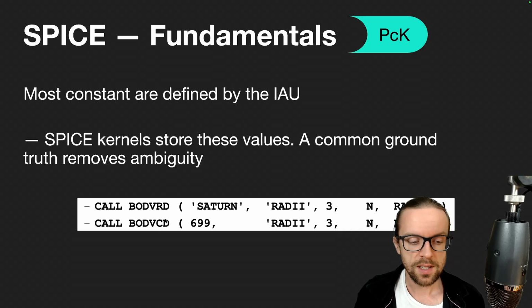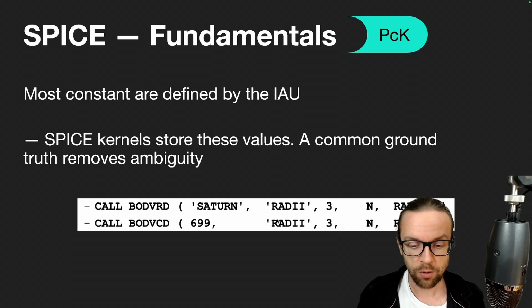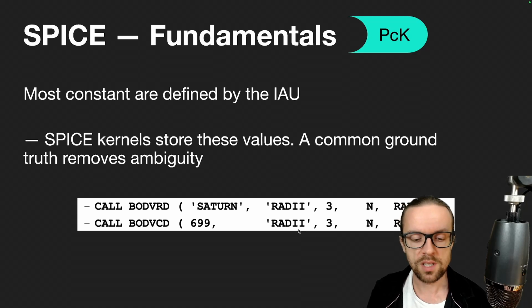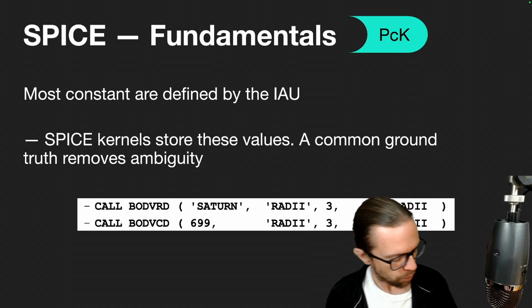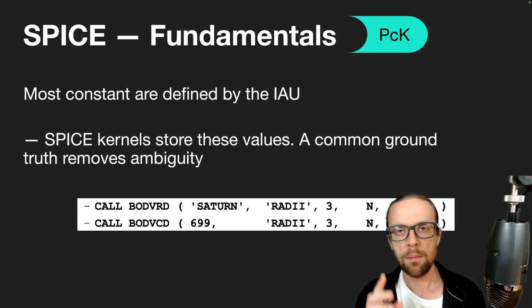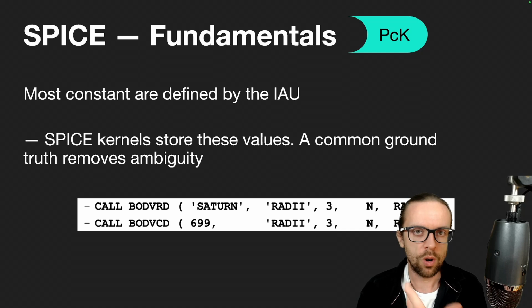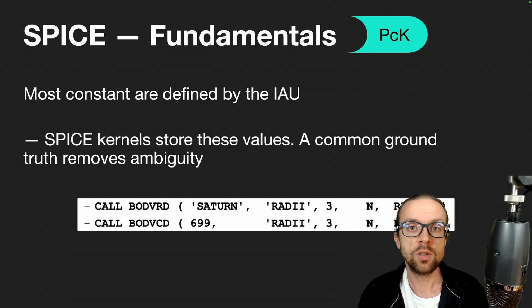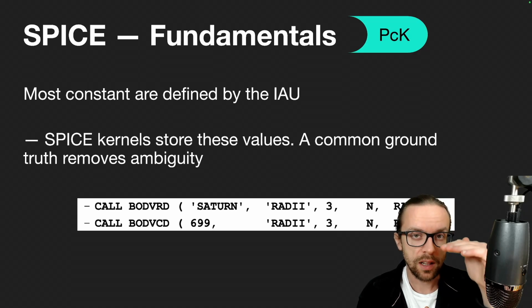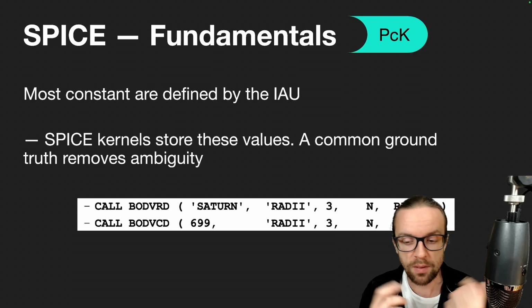And this function says we want to obtain something from the kernel. We want to obtain, for example, the radii. Now you will say, wait a second, what kind of radii? I want to have the radius of Saturn. Yes, but we have 3 radii because for all different 3 axes, yeah, X and Y are probably the same, but into the Z direction, it's a little bit flatter because of the rotation of the planet. So that's why we need 3 values.